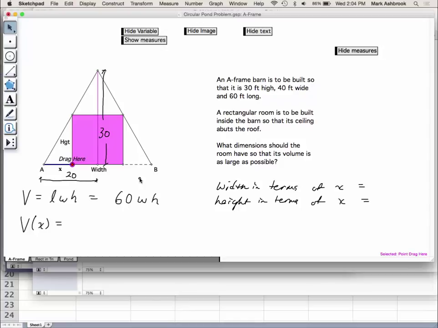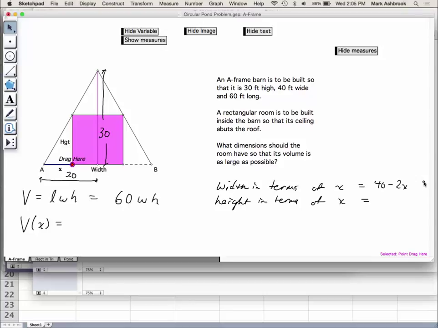Okay, the width should have been no problem. What did you get for the width in terms of x? 40 minus x? 2x. You see this minus 2x? One on each side, right? You see that? That's minus 2x, one on each side. 40 minus 2x.